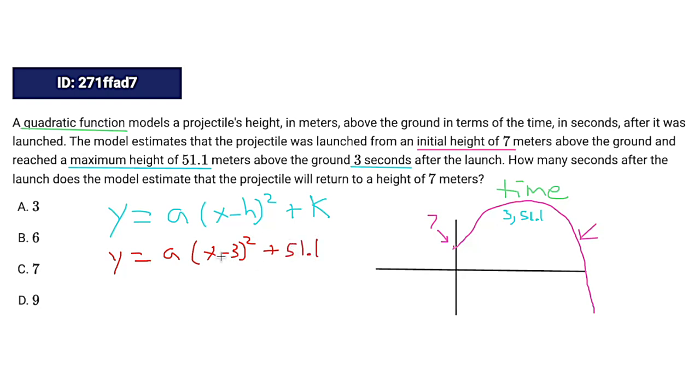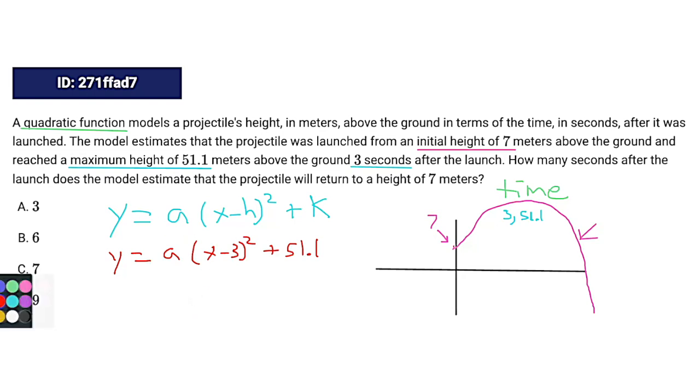So we already almost have a full equation here. The only thing that we're missing right now is our a value. So if we could somehow figure that out, we would be in really good shape. Is there a way that we could do that? Well, if we had a point to plug in for x and y, then we could solve for a.